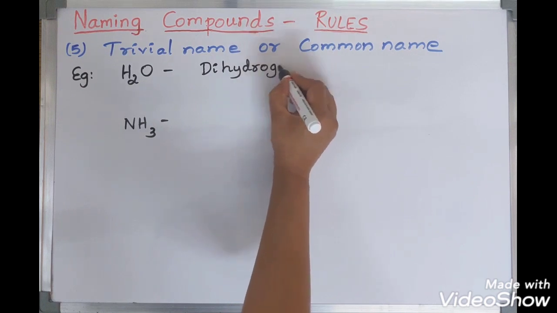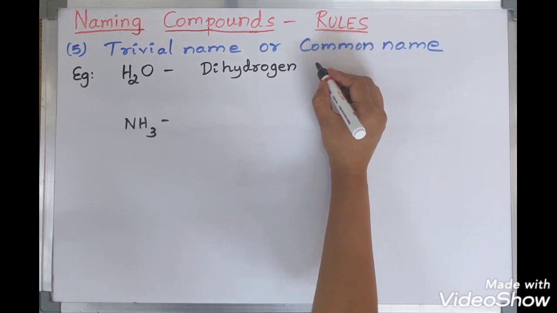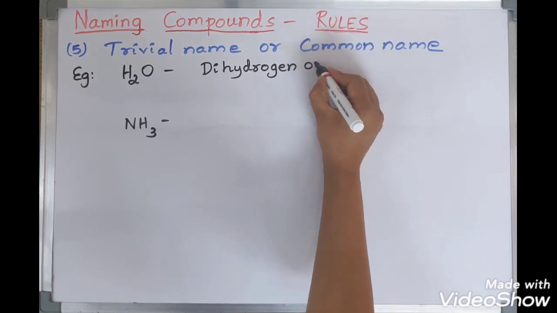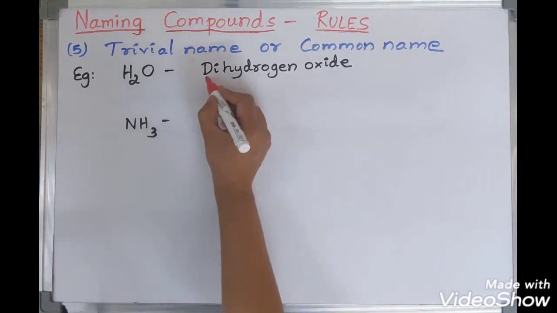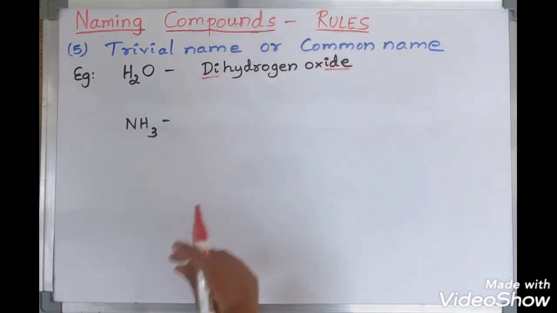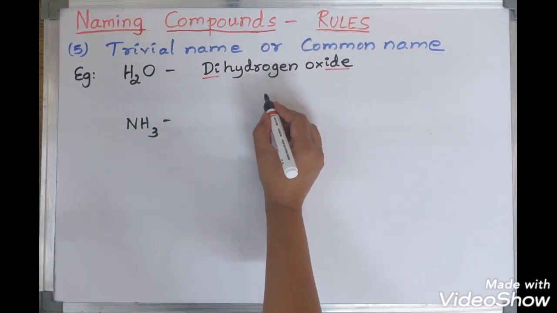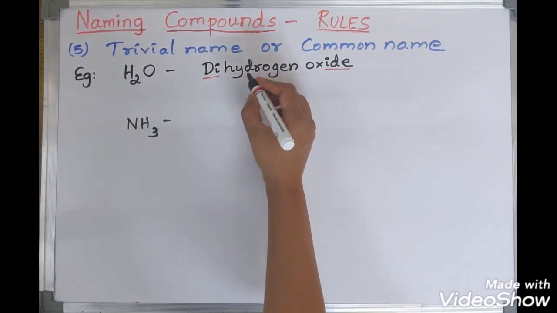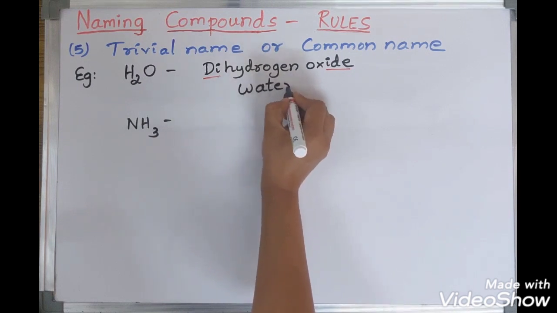There are two nonmetals, so we need to add the prefix and the suffix ide. But we do not usually say dihydrogen oxide. Instead, we use the common name, water.